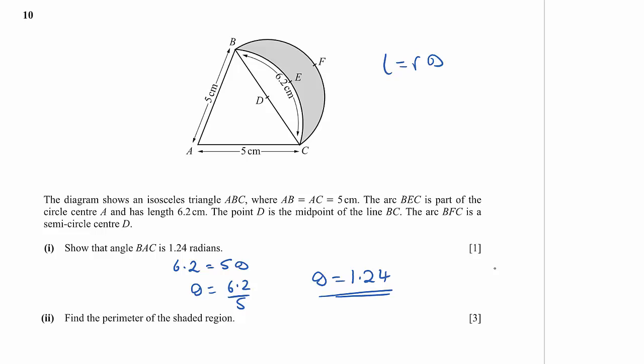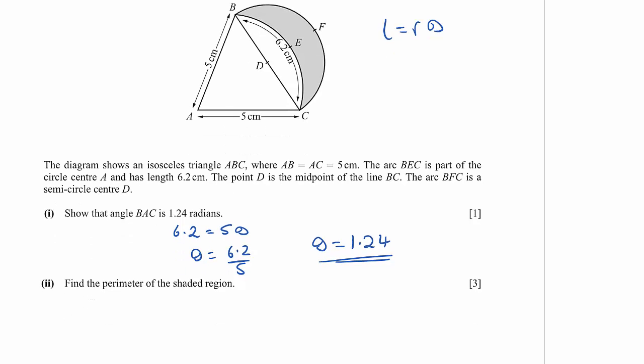The perimeter of the shaded region, so we've got the arc of 6.2, and then the other arc, well, we know that that is a semicircle, and it's centered at D here.